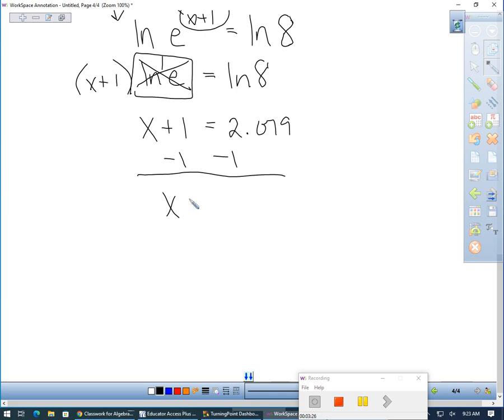And we're left with x equals 1.079. I think you're going to find that solving either for natural log or solving with an e in the equation are actually easier than the ones we were doing last week.